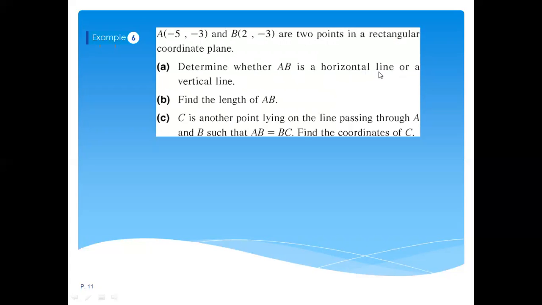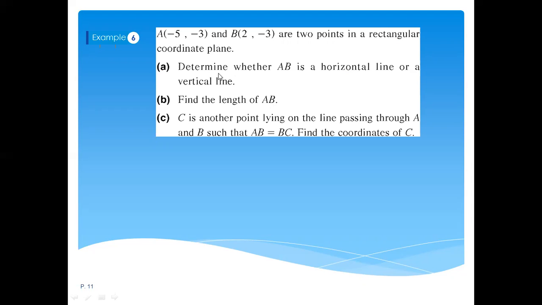Horizontal line means a line goes left, right. Vertical line means a line goes up, down. So what kind of line is AB? Horizontal, vertical. Then part B, the length of AB. How long is AB?